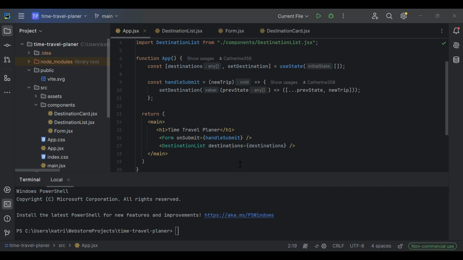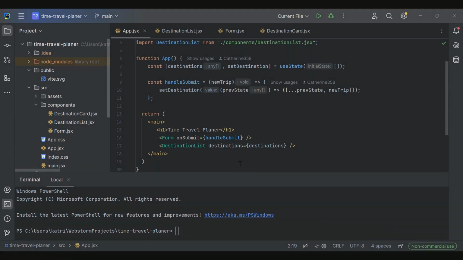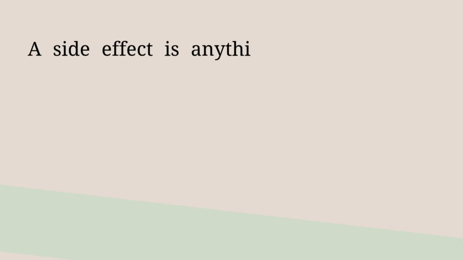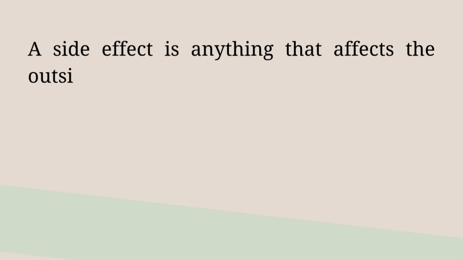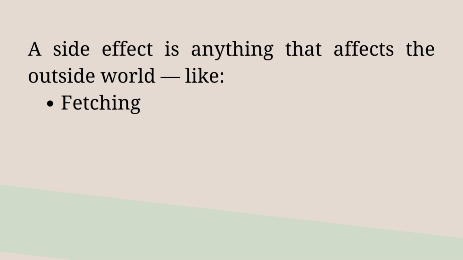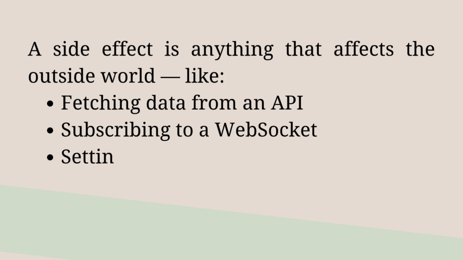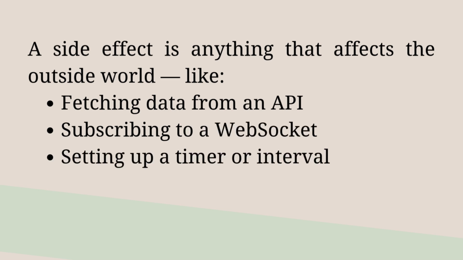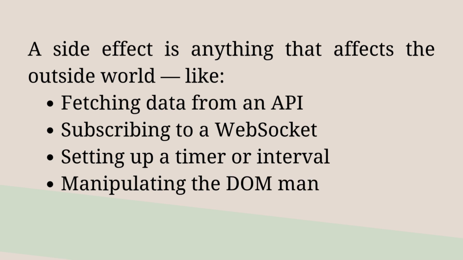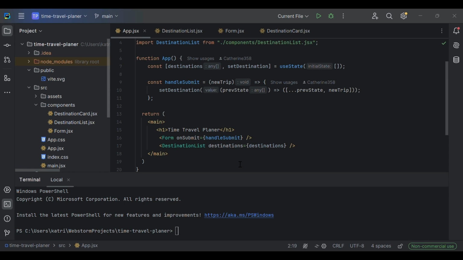So in the beginning, what are side effects? In React, a side effect is anything that affects the outside world, like fetching data from an API, subscribing to a WebSocket, setting up a timer or interval, manipulating the DOM manually. These aren't things React can do during the normal render.